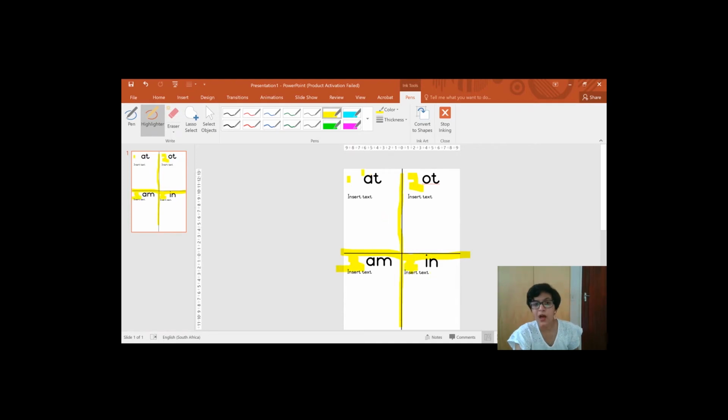In block number 1, I would like you to write the letters "at", just like I did over here. Then next to it, you are going to write "ot". And then at the bottom, underneath "at", you're going to write "am". And on this side, you are going to write "in".